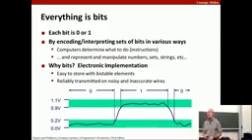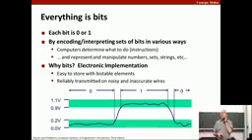The reason why bits are great is that in the digital world, you can take what's otherwise an analog signal and quantize it. I'm going to say that one range of values, let's say a low voltage, I'm going to call a 0, and a high range of values I'm going to call a 1.